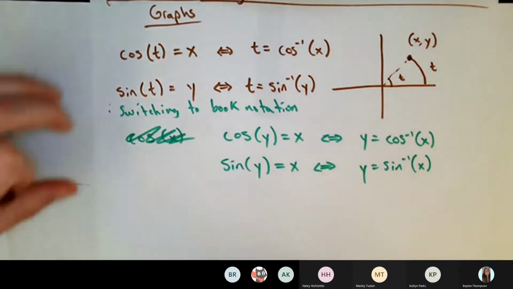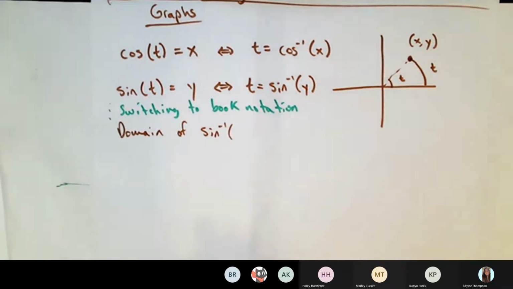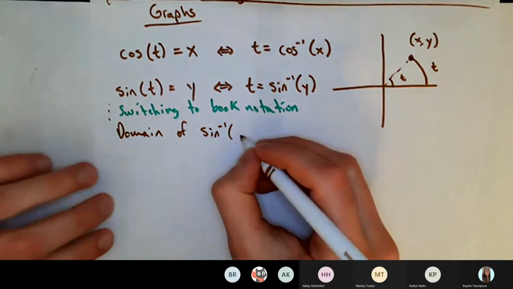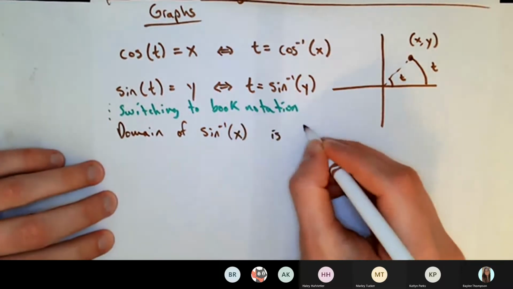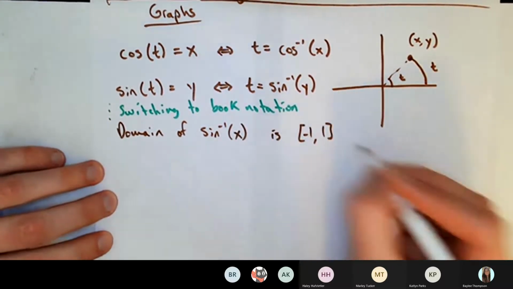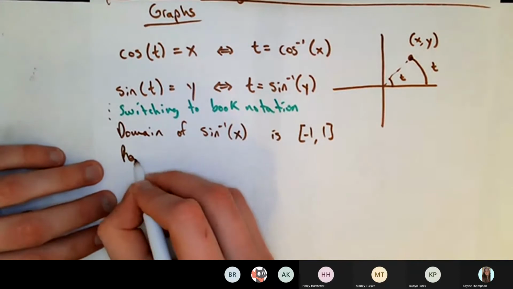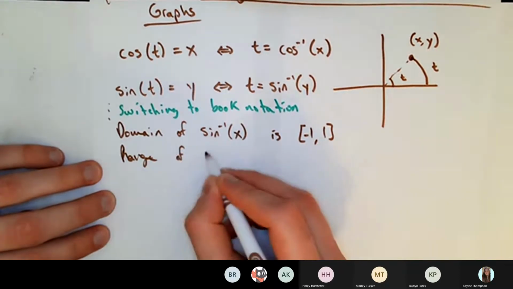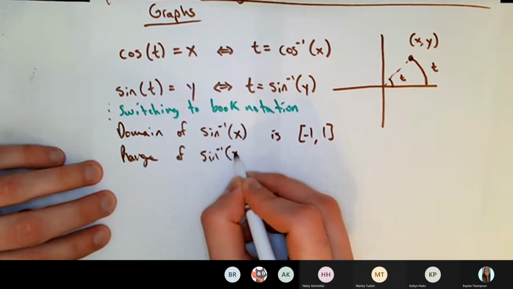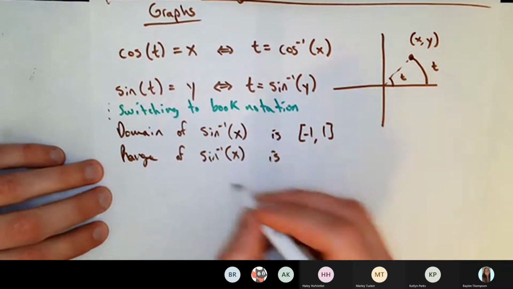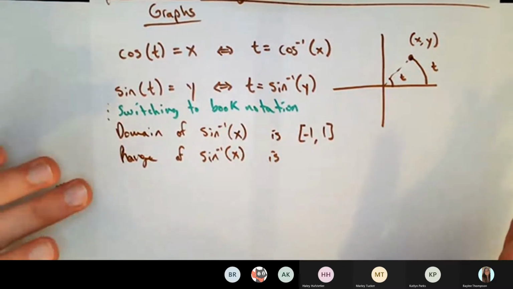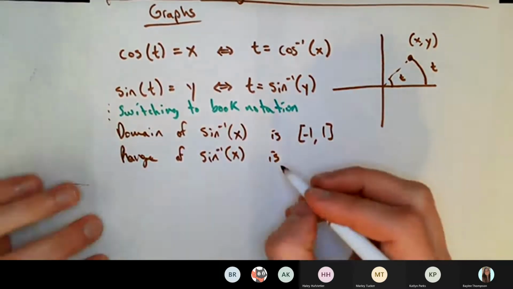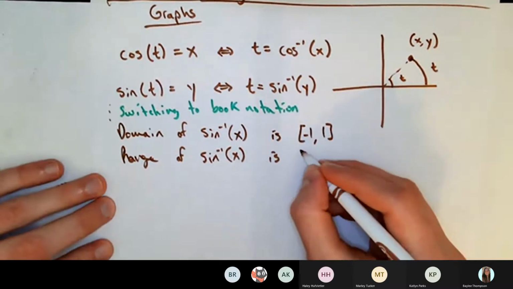All right, so let me get off my soapbox and say the domain of sine inverse of x is -1 to 1, okay? And the range of sine inverse of x has to be restricted, and we already talked about all that.